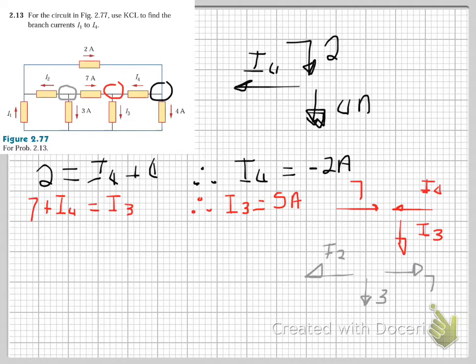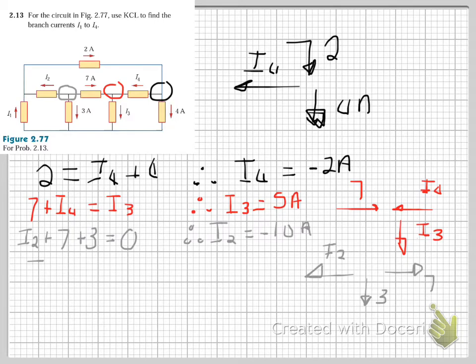So therefore, I2 plus 7 plus 3 is equal to 0. This gives us a value of I2 is equal to negative 10 amps.